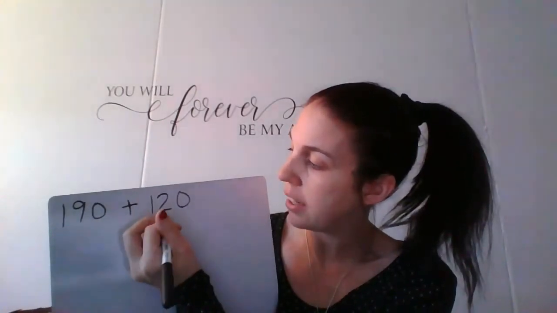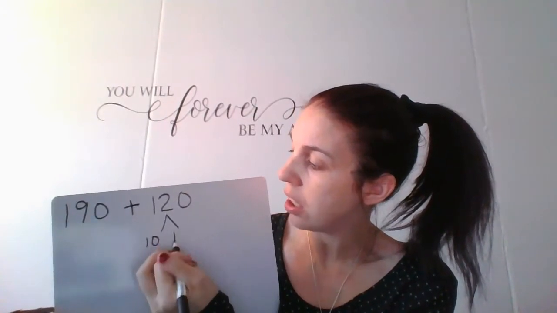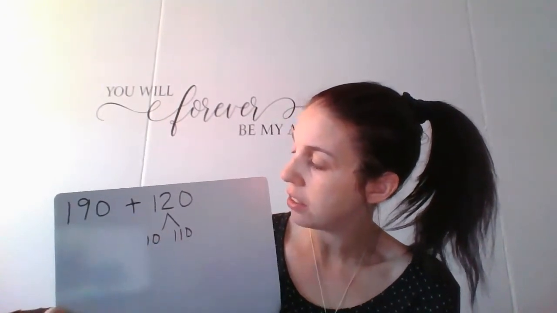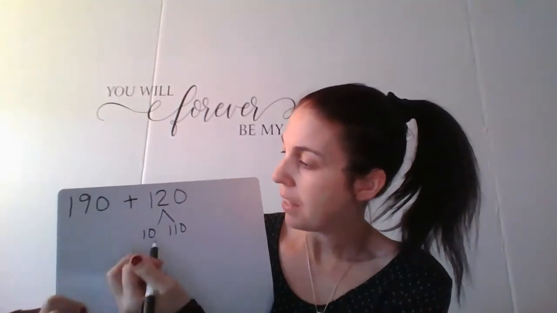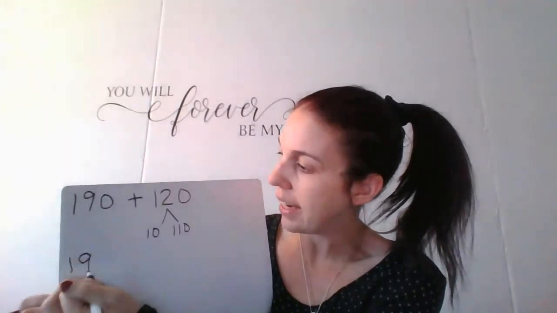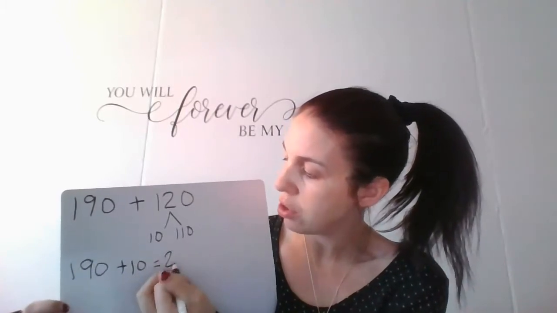So what I'm going to do here is pull out a 10, and then I'll have 110 left after I pull out 10 of this 120. If I added 190 plus 10, that gives me 200.